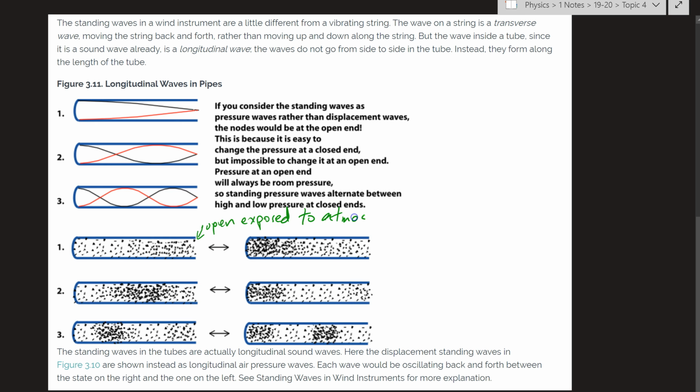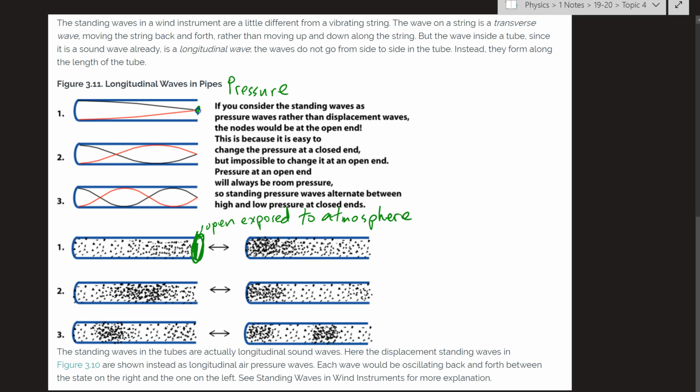Well, the atmosphere basically fixes the pressure at this end. This end will always have a pressure which is equal to the atmospheric pressure. You can't change it. Whatever's going on in this tube is not enough to change the pressure of the entire atmosphere. So it flips. If you're talking about these in terms of pressure, the node is at this end. It's a pressure node.